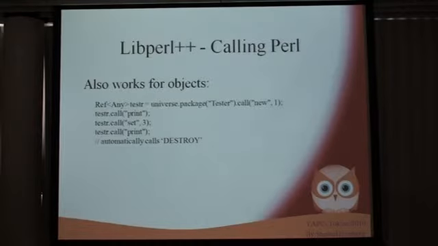And the C variables will go out of scope, the Perl variable will be destroyed, and everything will be cleanly handled. That's one of the nicest things here. It does all the memory management for you.